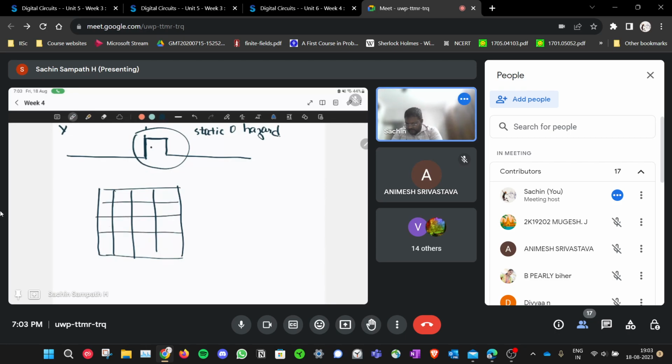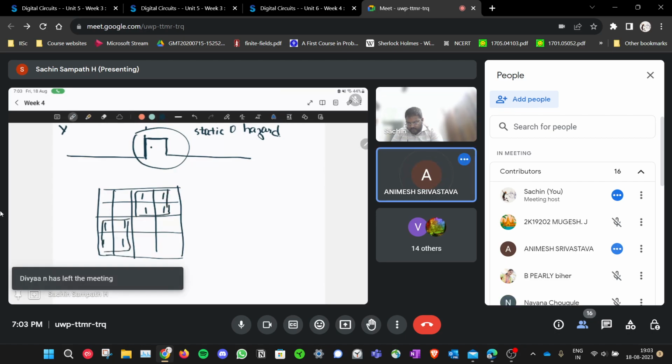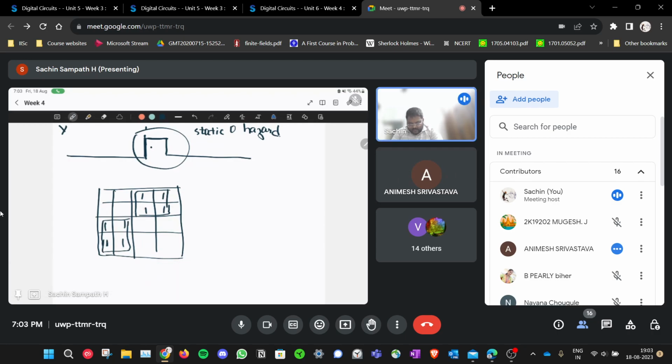There is a 1 1 1 1 here, 1 1 1 1 here. Do you remember? There's one example, or you can see the PDF right now. And they had grouped these two, and these two, and they had said that there's a hazard here because when there's a one bit change.